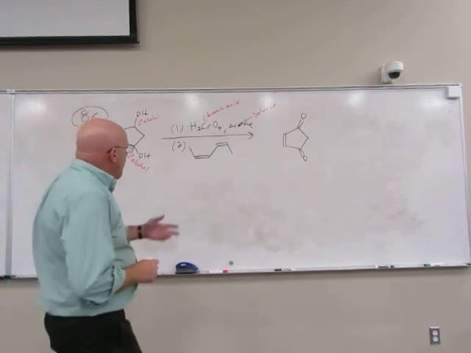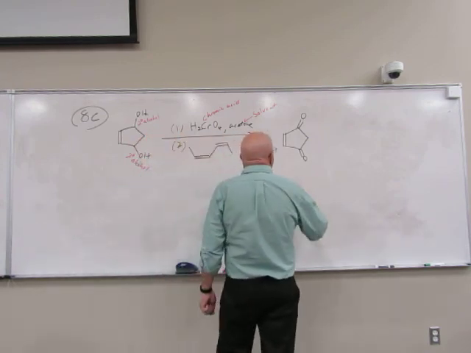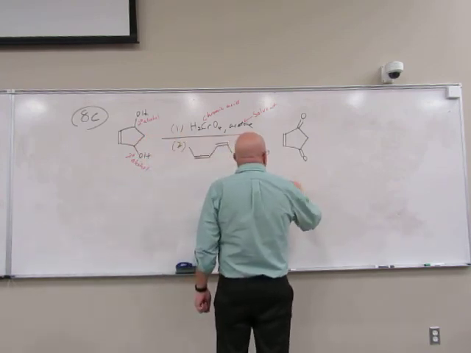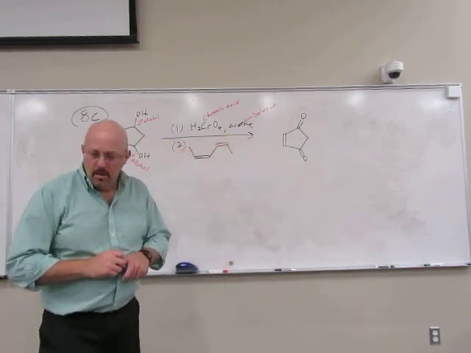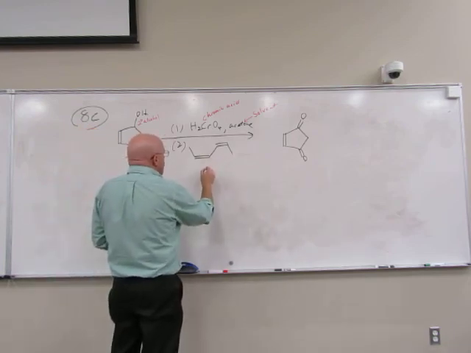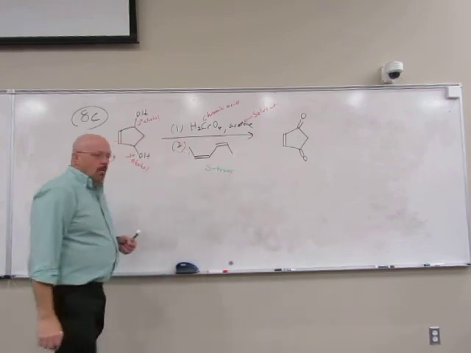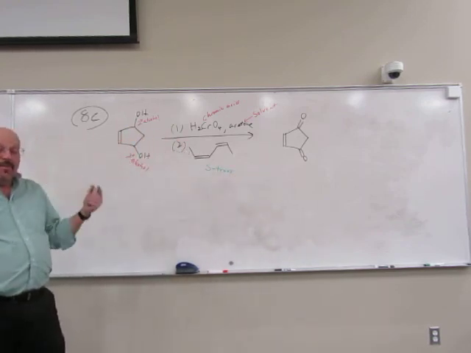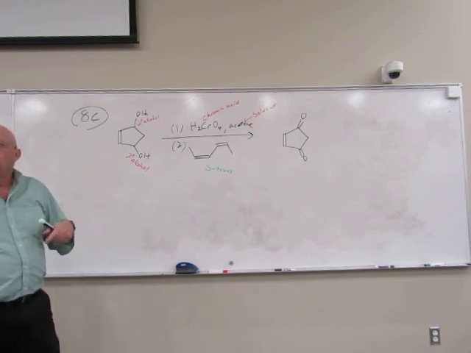Second step, I'm reacting with a diene. Now, my diene, if you look at it, is currently in the S-trans conformation. With a diene, anytime you see a diene, you just instantly think, hey, Diels-Alder.